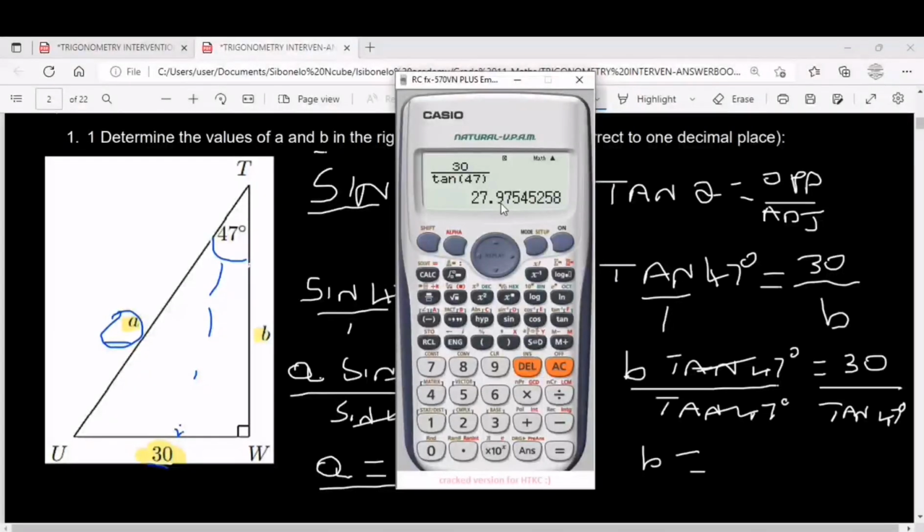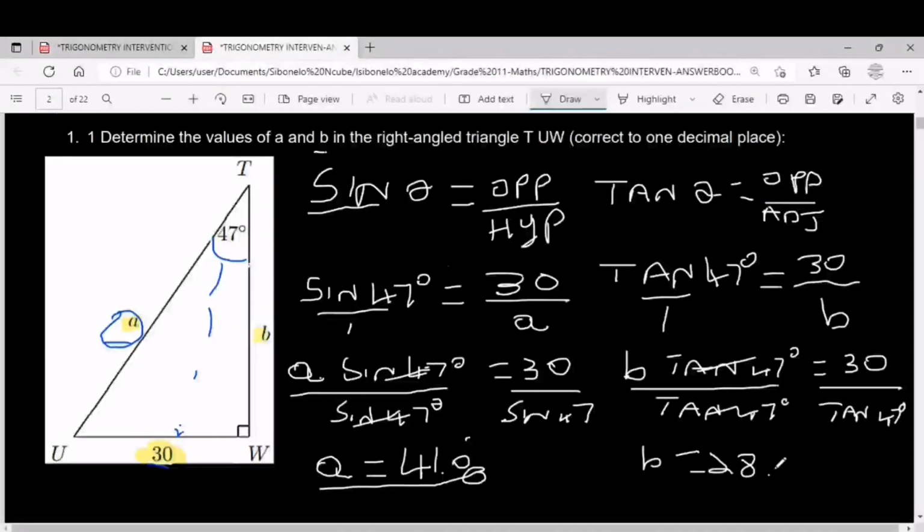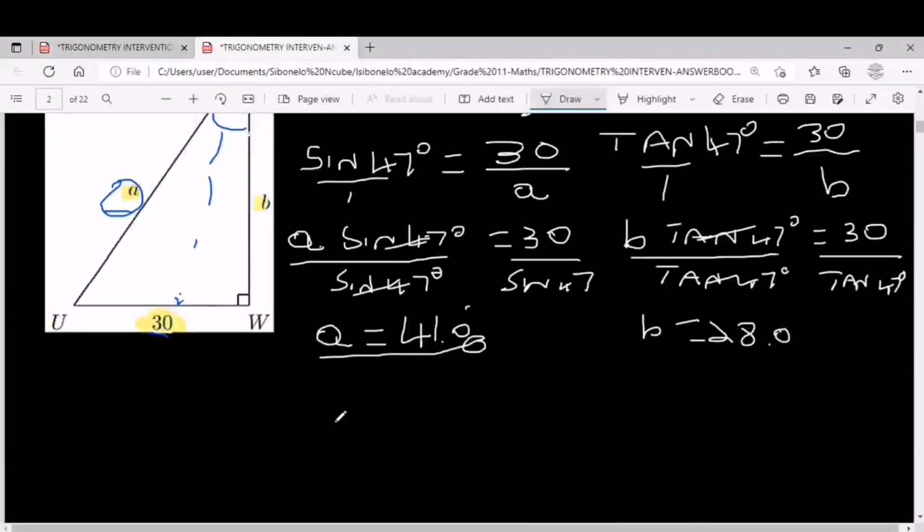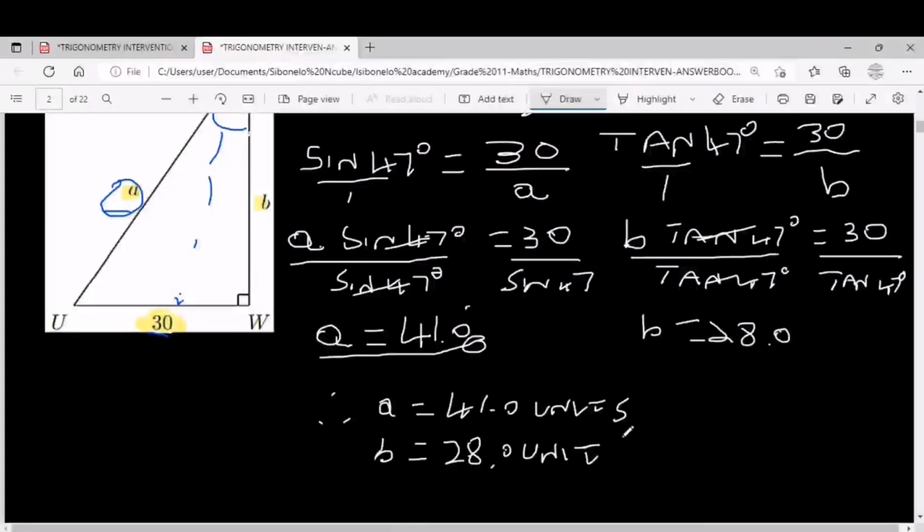We take one digit, and because there is a 9 and a 7 there, we add 1 to get 28.0. Now we conclude: therefore, the value of a is 41.0 units and the value of b is 28.0 units.